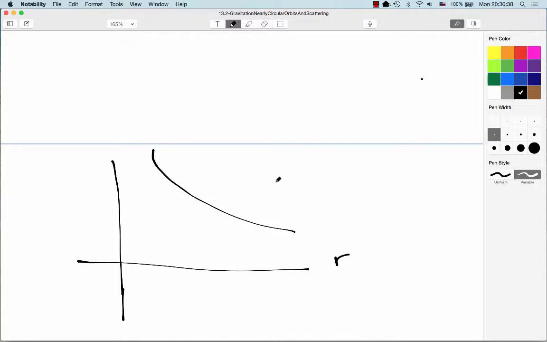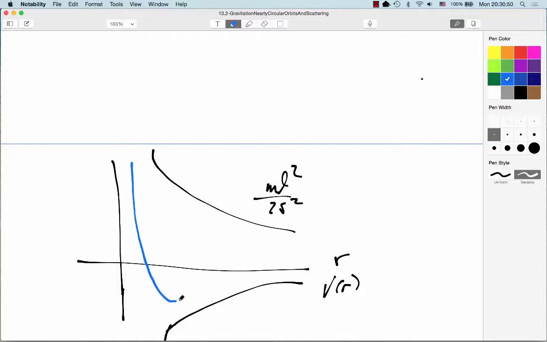This much right here is my m L squared over 2 r squared. My V of r is going to look probably something like this. And so my U of r will be the sum of the two, probably ultimately looking something like that.